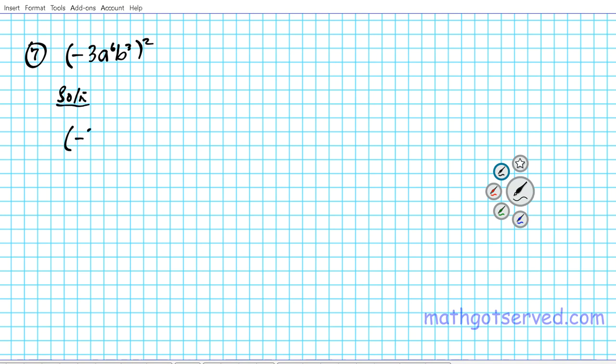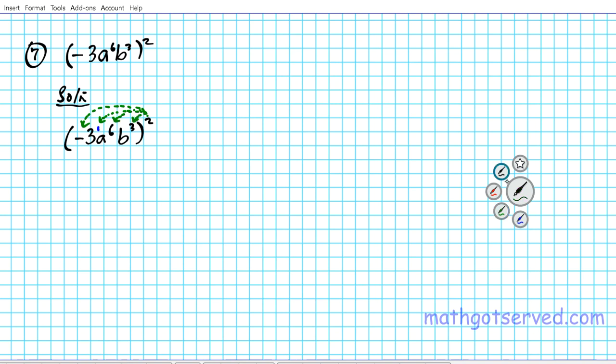We're going to distribute the 2nd power to the minus sign, to the 3, which has an invisible power of 1, then to the 6, and then to the 3.